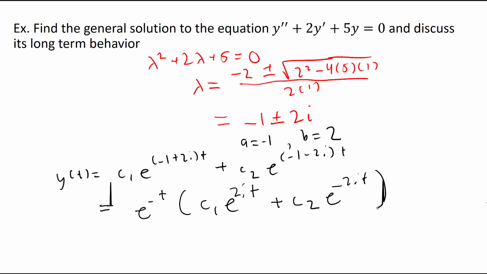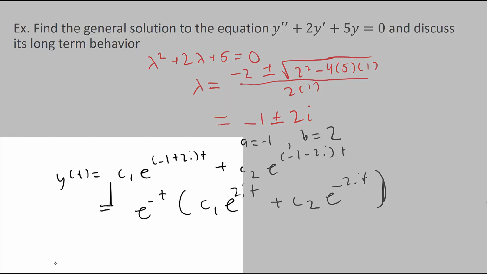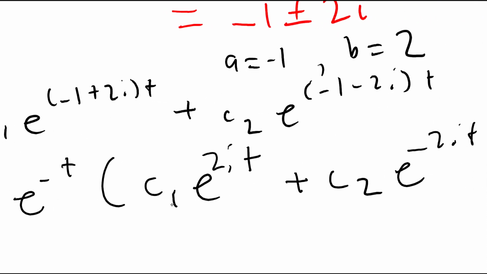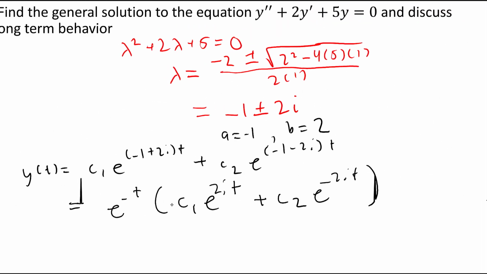So once again, we can see that this term out front, this decaying real exponential here, will kill off the oscillations represented in our oscillating function in parentheses there.